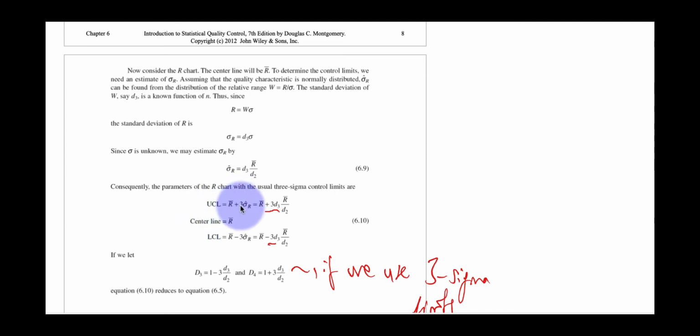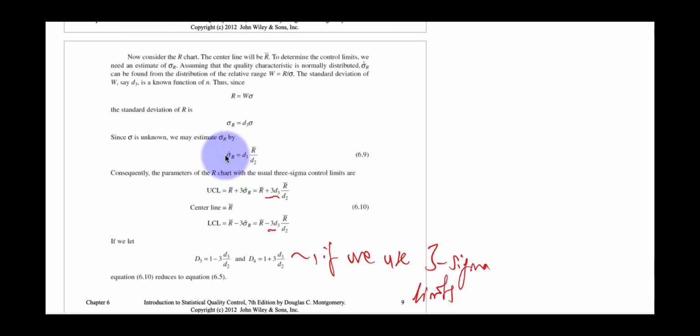We need to find the limit term here, and in industry it is commonly used as 3 here again, and we estimate the standard deviation of range by this formulation. It becomes just that, okay? And by a little manipulation, we can come up with a shorter version of the formulation, and we can use the capital D4 and D3 for the upper and lower control limits. They are just sign changes, okay?